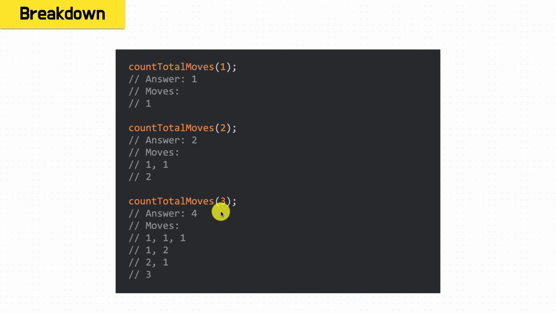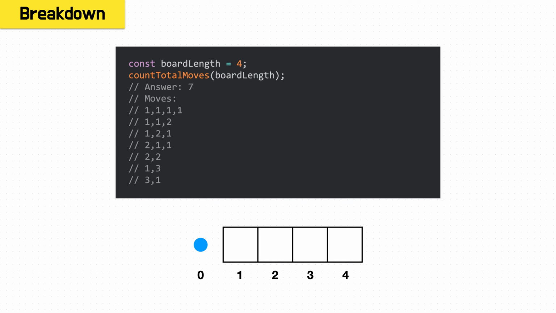For a board of length 3, there are 4 total moves that could get us to the end: 1, 1, 1, 1, 2, 2, 1, or just 3. Then we already saw a board of length 4, and it took 7. Then once you move to 5, it starts to grow even more quickly. So this very quickly starts to become too difficult to calculate by hand. There are just too many cases that we need to think through with this bottom-up approach that we've been using.